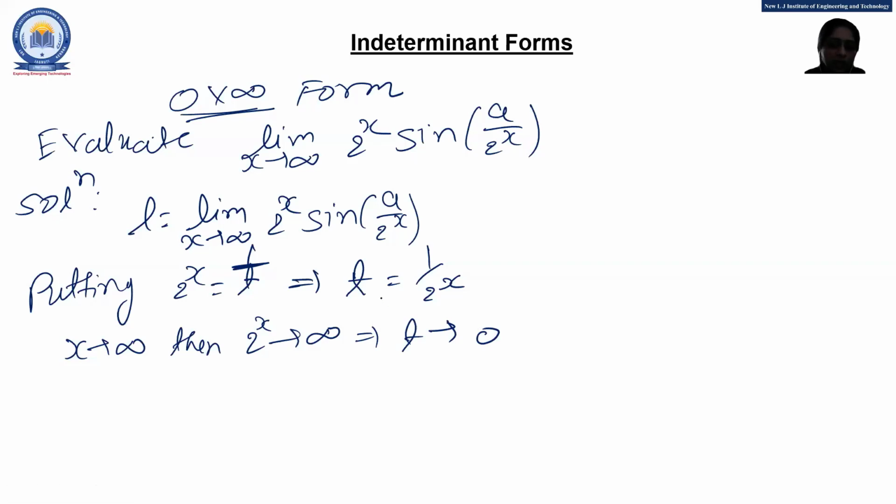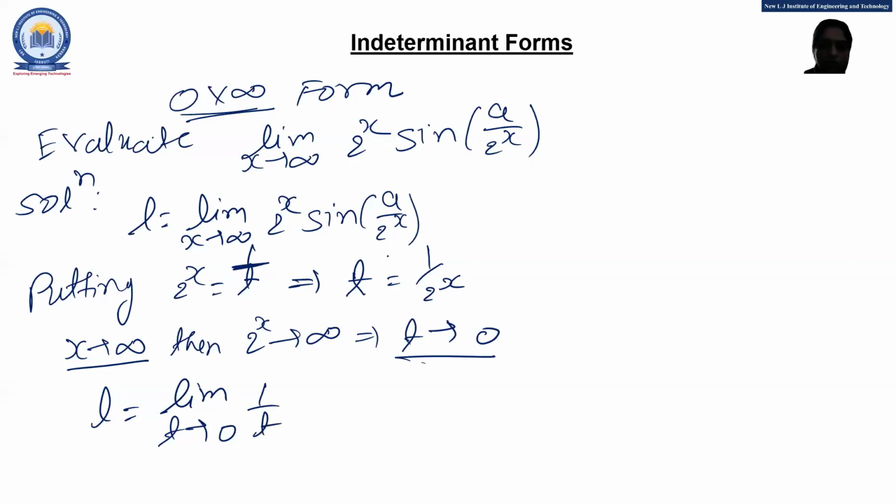So if I keep this x in the form of t, then L is equal to limit t tends to 0. 2 raised to x is 1 by t, and sine of a upon 2 raised to x, that is t. So we get sine at upon t.